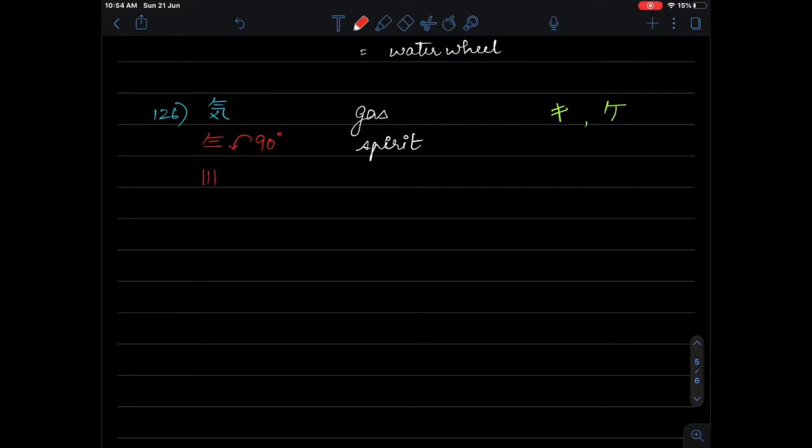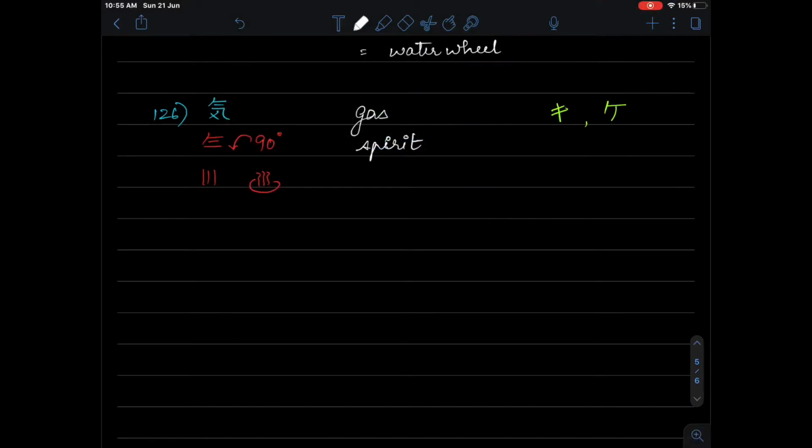This is also very interesting because in Japan they use a particular symbol for hot springs, and that symbol is something like this. I hope you can see the similarity between the two symbols. So that's one way for you to remember that this means gas or spirit. It's not a perfect description, but try and remember it as gas or spirit.